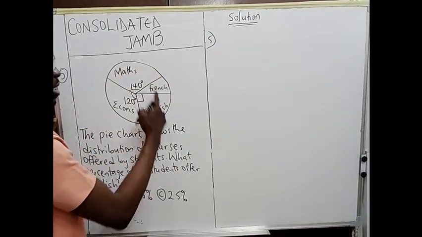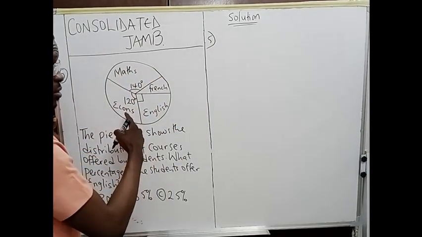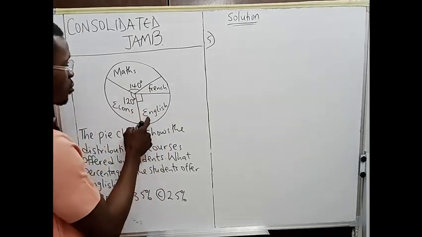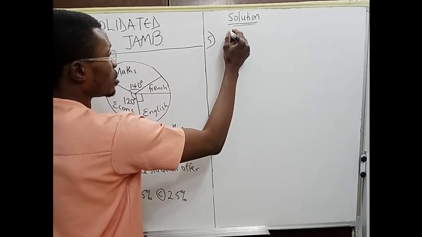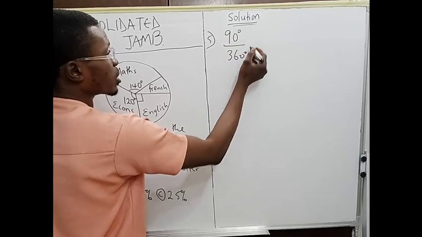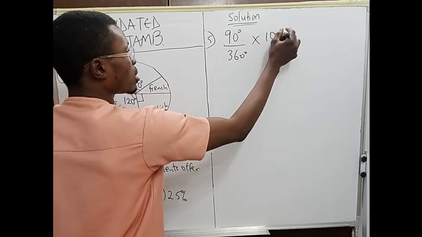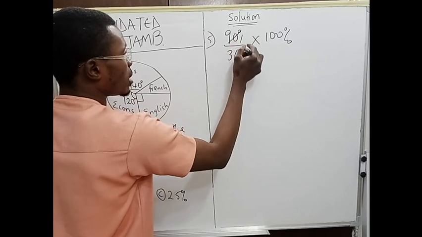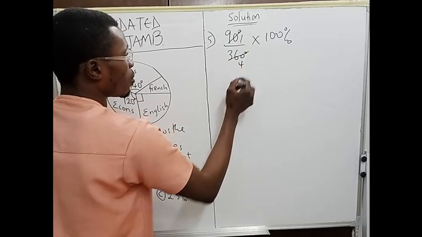This is a circle, right? Total angle is what? The total angle in the circle is 360 degrees. So the fraction of English is going to be what now? 90 degrees over 360. This fraction multiplied by 100%. Okay. This is what? 1 over 4.